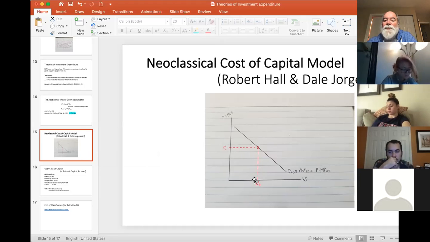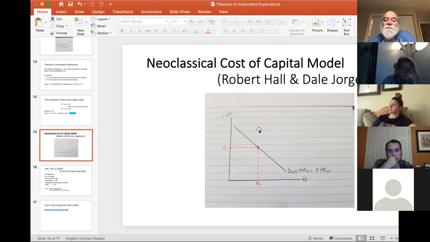The more capital services they need, the more trucks they have to buy. So figuring out KS0 is equivalent to figuring out the amount of capital K we need. If we need more capital than we currently have, that is investment, and that's where investment comes from.